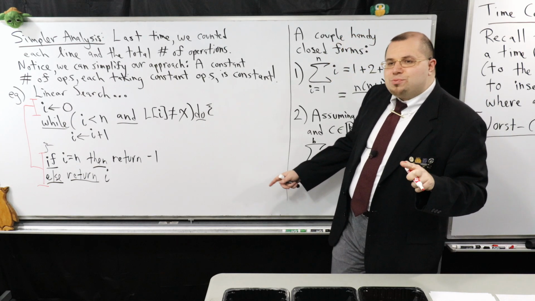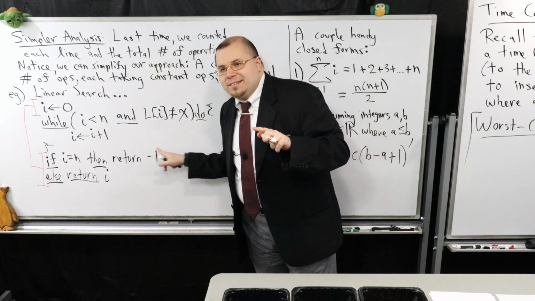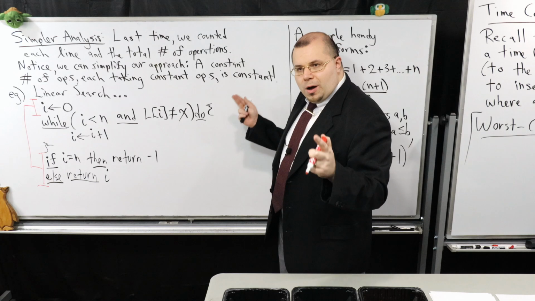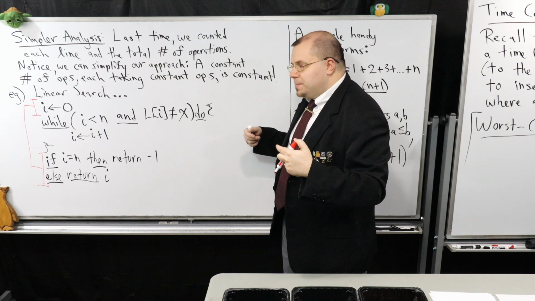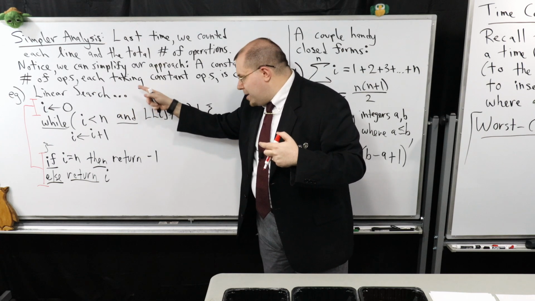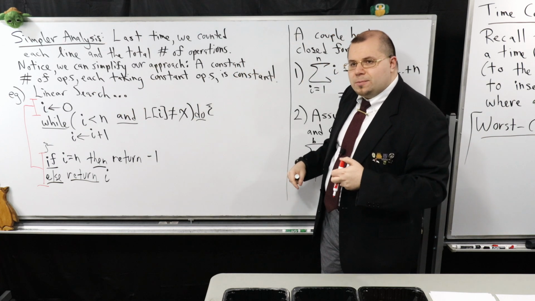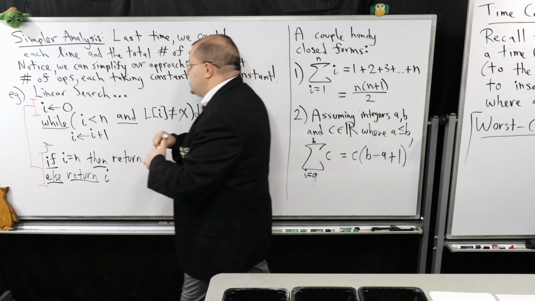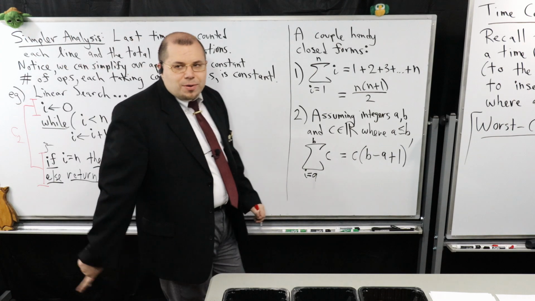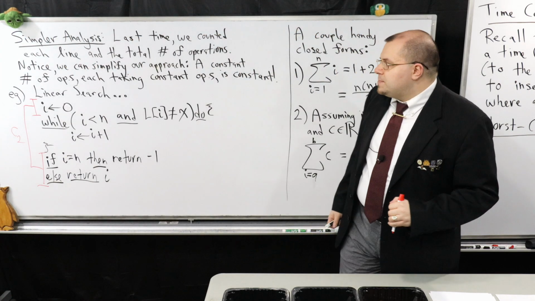Last time, each one of these lines I assigned a constant to how long they would take, or the number of operations that they perform. But this line also is a constant number of operations. So I'm going to group them all together, and because they're all a constant number of operations, I'm going to call that C2. So there's going to be C2 many operations that represents those 3 lines.